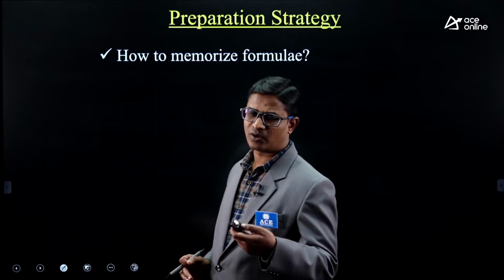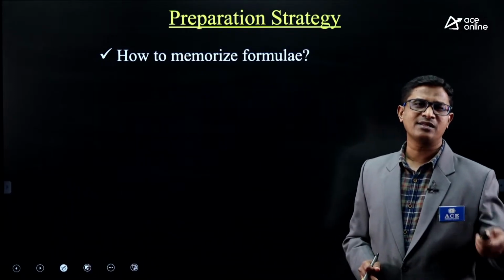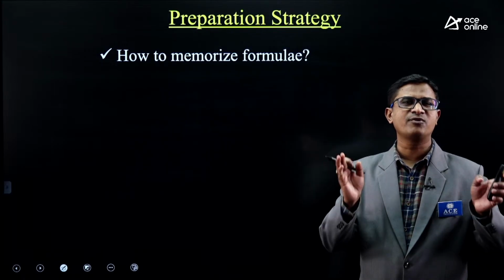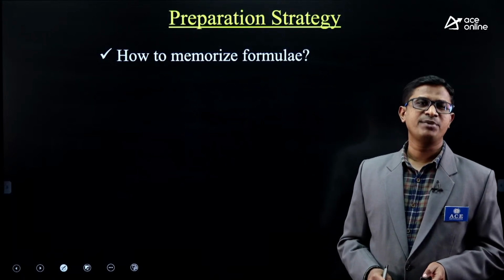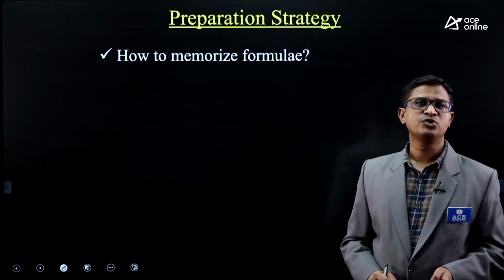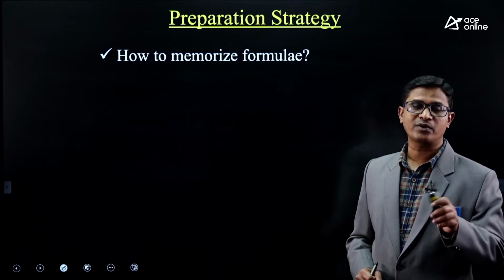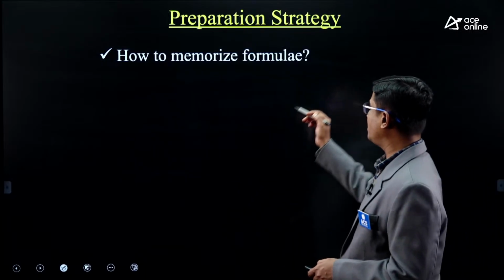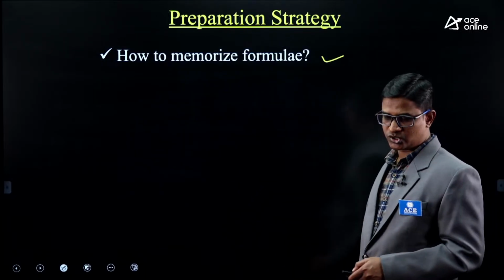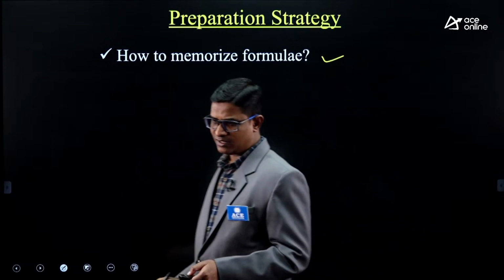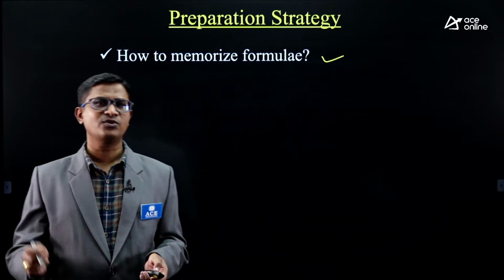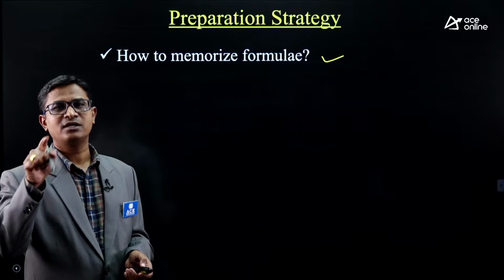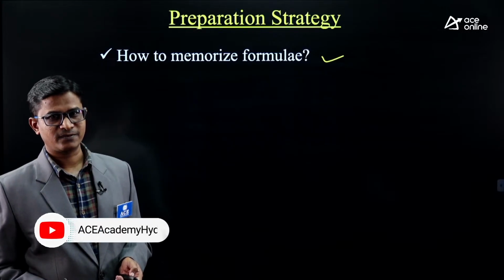For any load, R load, L load, RL load, no need to memorize each and every formula. Even being a human being, you cannot memorize all the formulae. So very few formulae you should memorize, and those are related to your Fourier series expressions. That's it.